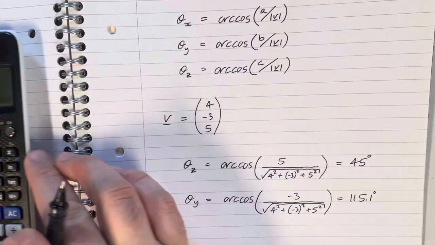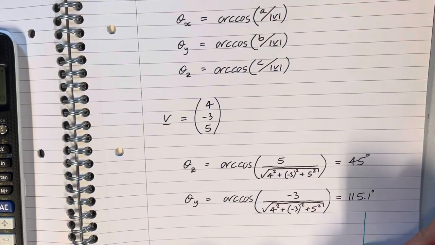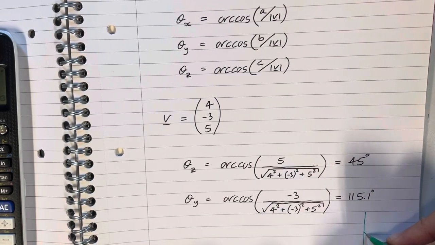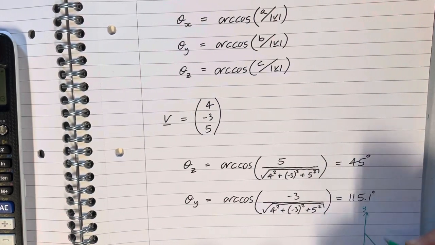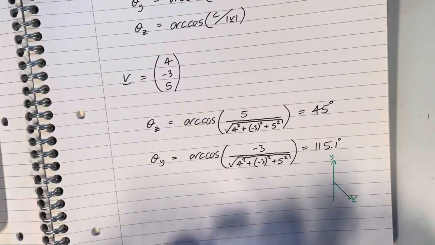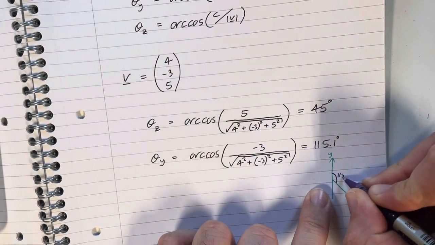That's bigger than 90. If you think about it, a vector will have two angles with an axis. We're looking at the y-axis. This vector's down here, there's my y-axis, there's my v, and what it's done is calculate this angle here, which is 115 degrees.